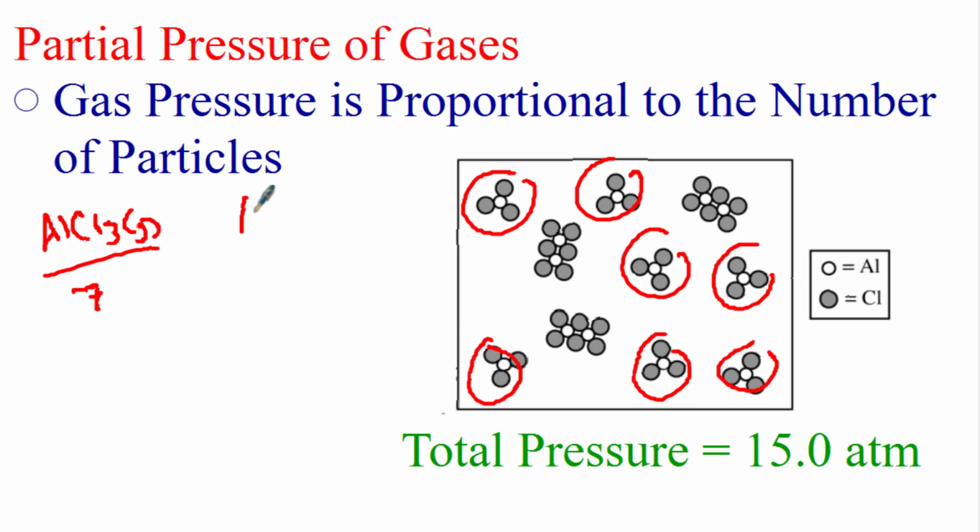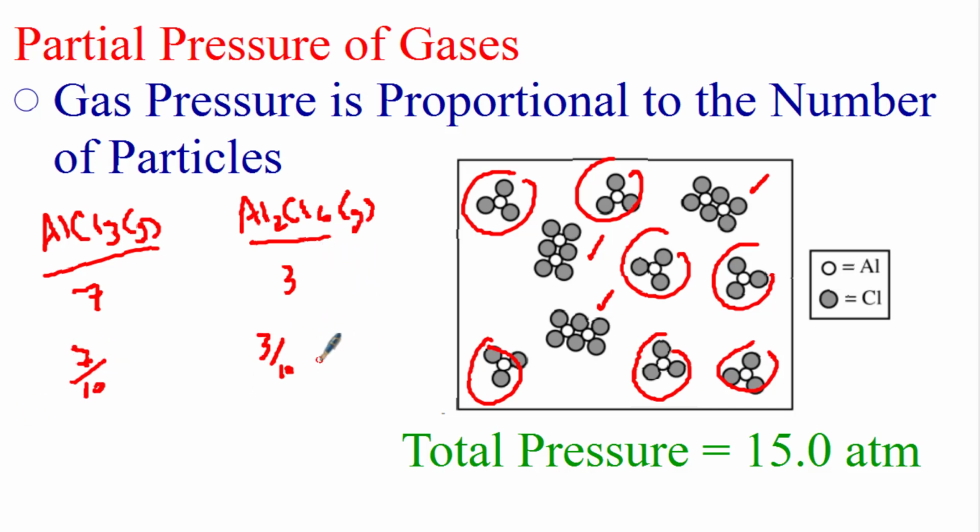Here we have Al2Cl6 gas, and how many of these gas particles do I have? 1, 2, 3. 3, which means I have a total of 10 gas particles, which means 7 out of 10 gas particles are the AlCl3. 3 out of 10 gas particles are the Al2Cl6, 70% and 30%.